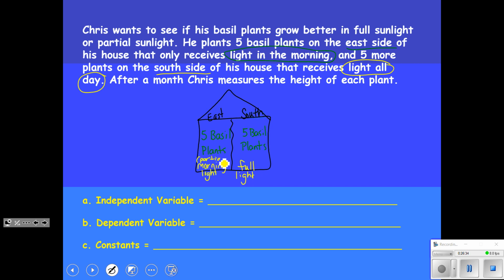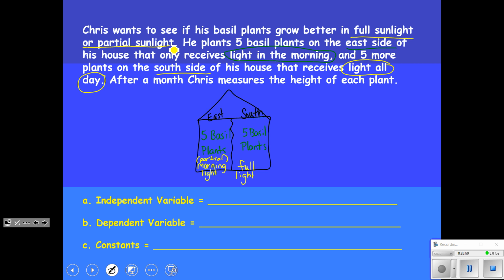Because if you go back up and look at what she's testing, she wants to see if plants grow better in full sunlight versus partial sunlight. Okay? Now that first sentence is a good example of how your independent variable is not always indicated first in a sentence. This one kind of turns it around.